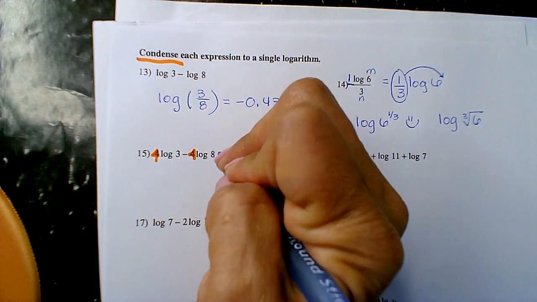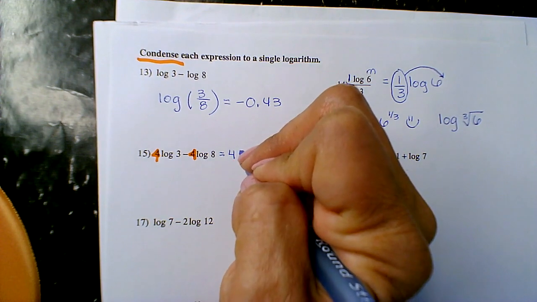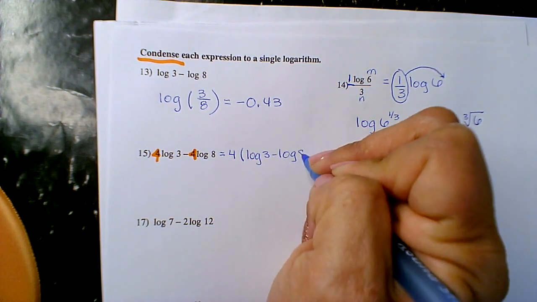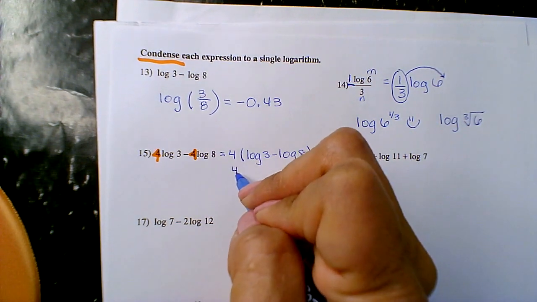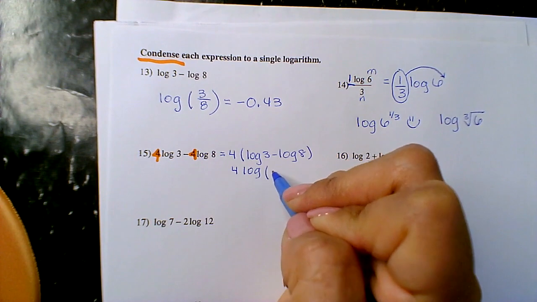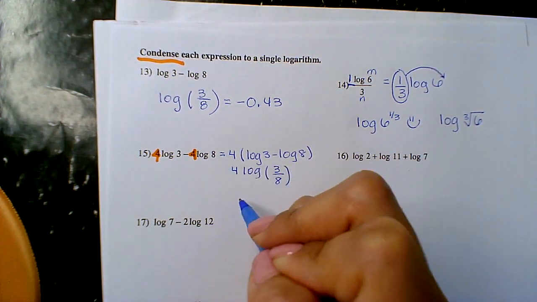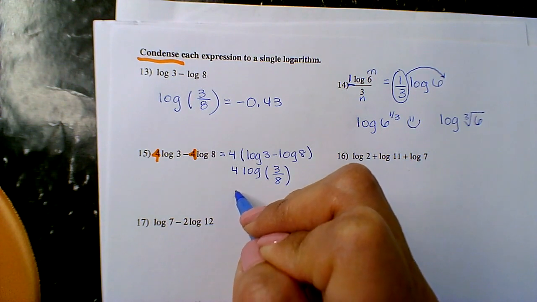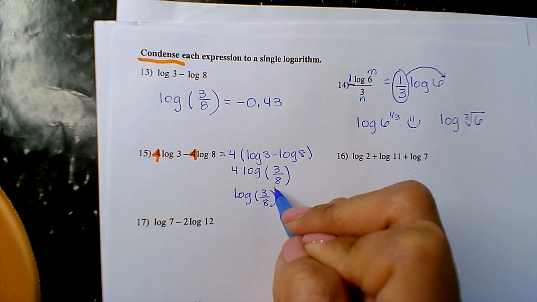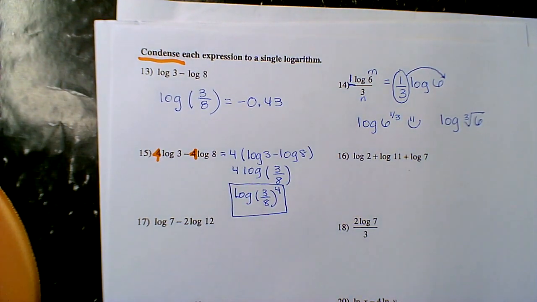So you can factor it out and it becomes log 3 minus log 8. And now using the quotient rule, log base 10 of course, 3 divided by 8. And now back to the power rule, you get log of 3/8 with the 4 as an exponent.